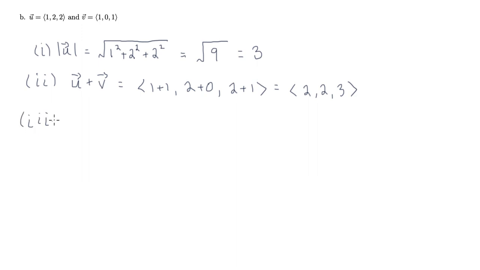Okay, so now for u minus v, we do the same thing except we just subtract the components. So it's going to be 1 minus 1, 2 minus 0, 2 minus 1, or in other words, 0, 2, 1.